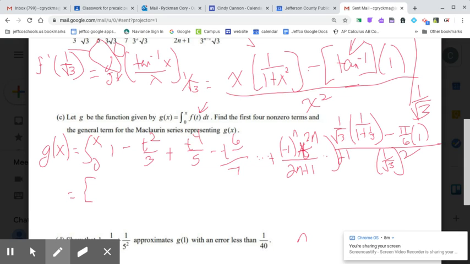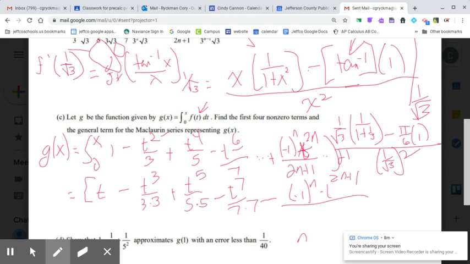Integration of 1 is t minus integrating t squared is t cubed over 3 times the 3 plus integrating t to the fourth is t to the fifth over 5 times the 5 that was already there minus t to the seventh over 7 times the 7 that was already there. Negative 1 to the n, t to the 2n plus 1 over 2n plus 1 squared from 0 to x.